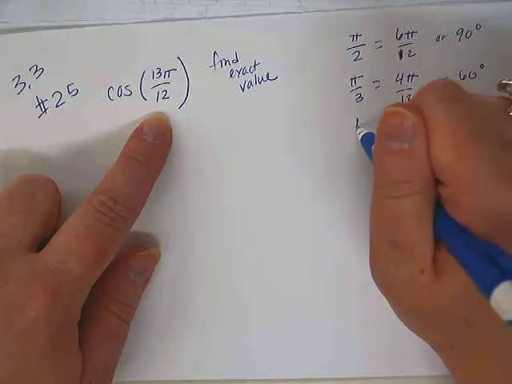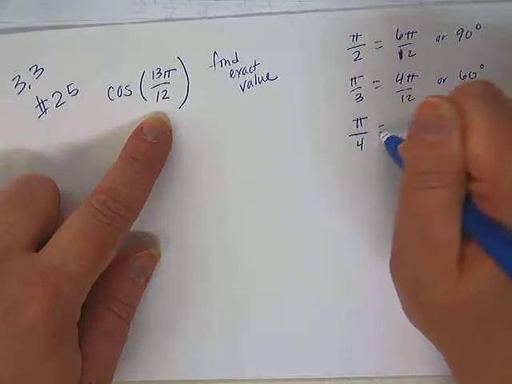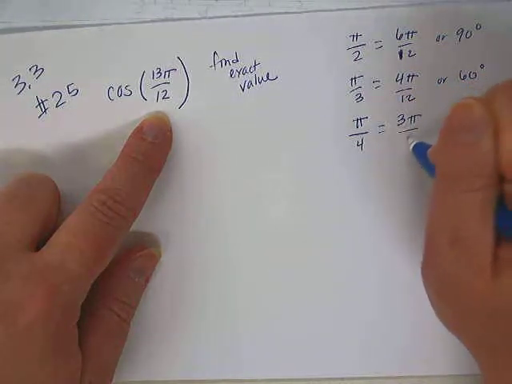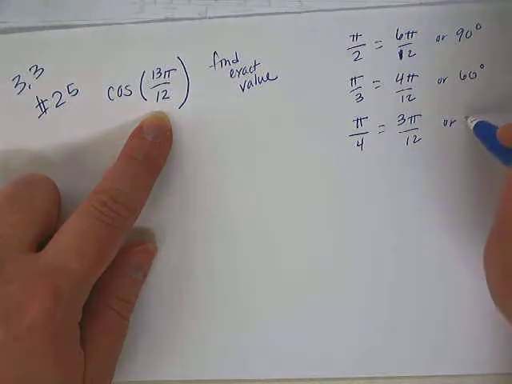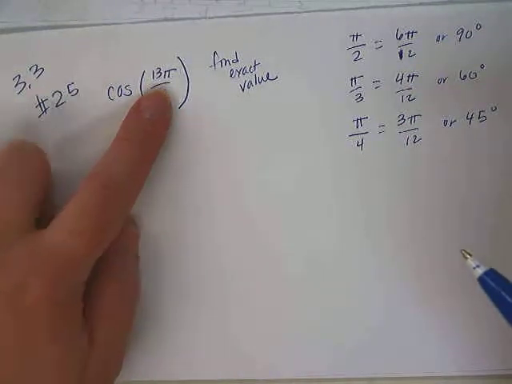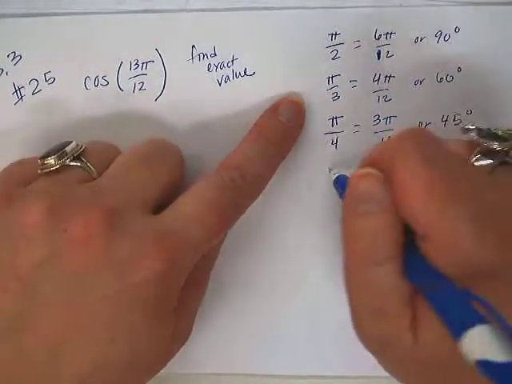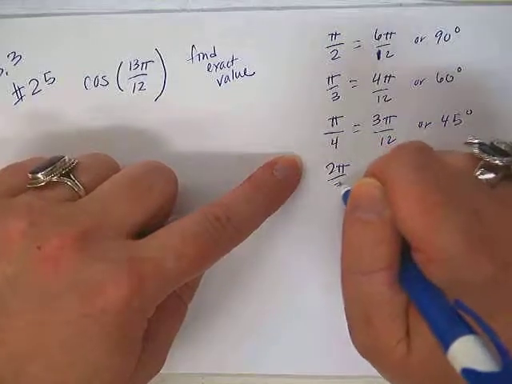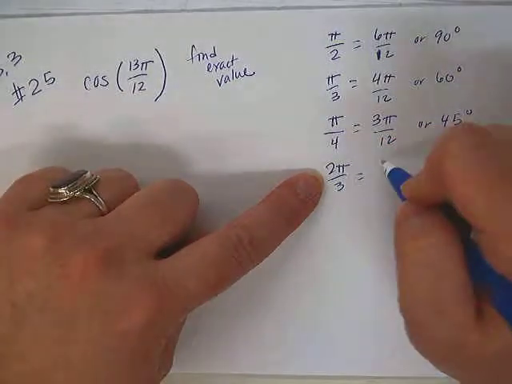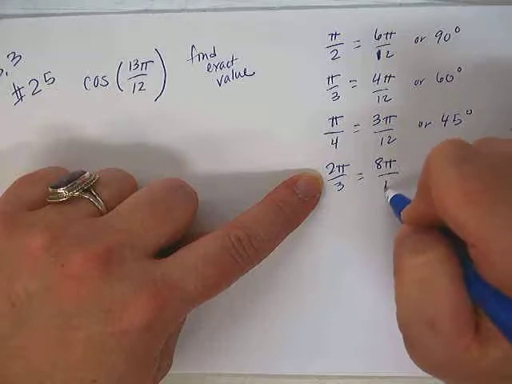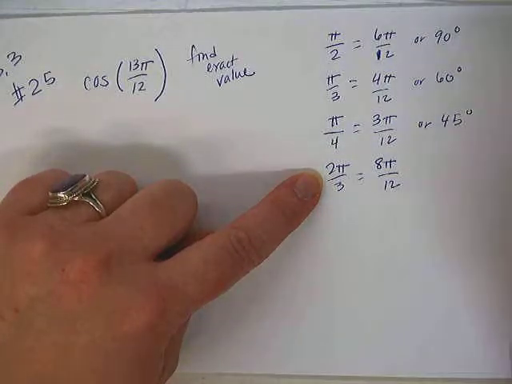We have pi fourths, which is 3 pi 12ths, or 45 degrees. We need something that's going to add up to 13. So maybe, what would 2 pi thirds be? 8 pi 12ths?